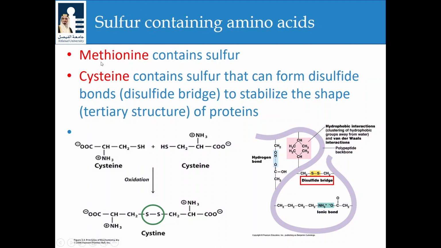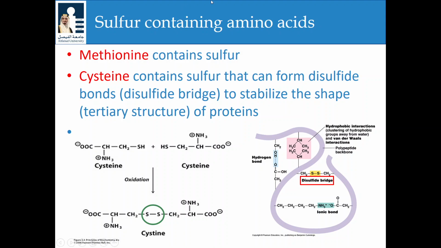These 2 amino acids are methionine and cysteine. What is special about methionine? You learned from Dr. Ahmad. What's AUG? Start codon for methionine. Yes, so methionine is the amino acid that is coded by the start codon.